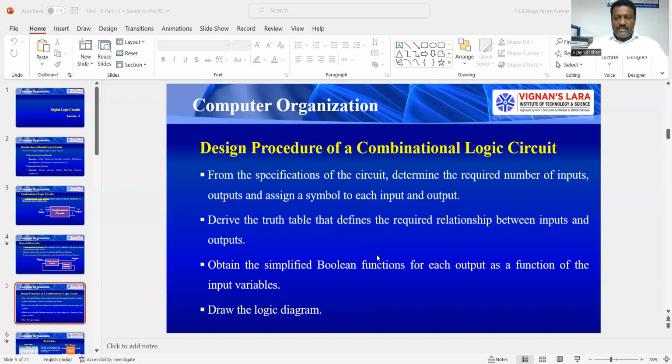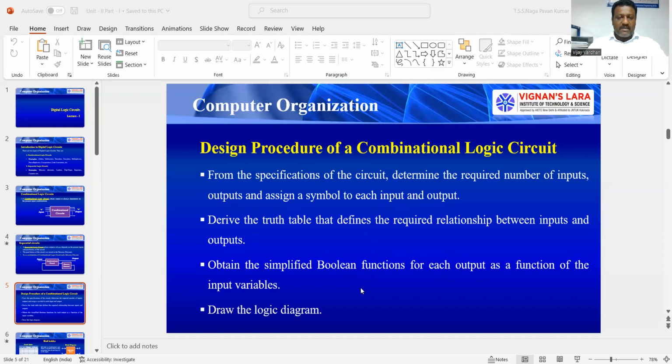Then we get a simplified expression. That should be the third step. And coming to the last step, with the help of the simplified expressions we get at the end, we should realize the digital logic circuit with logic gates. So these are the 4-step procedure for making any digital logic circuit.